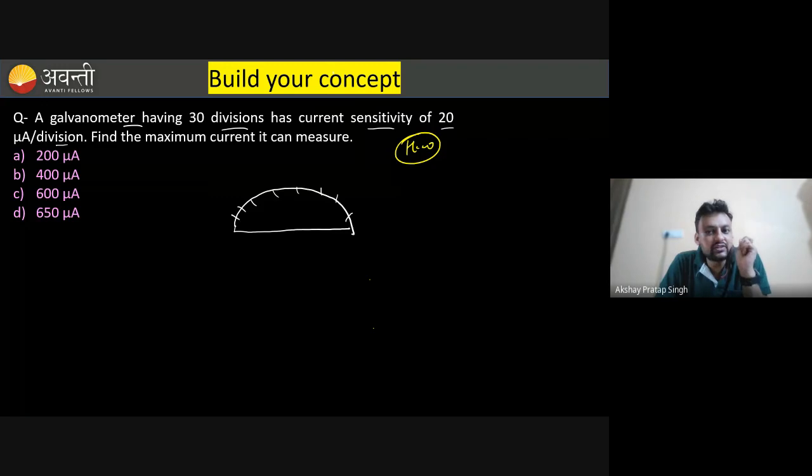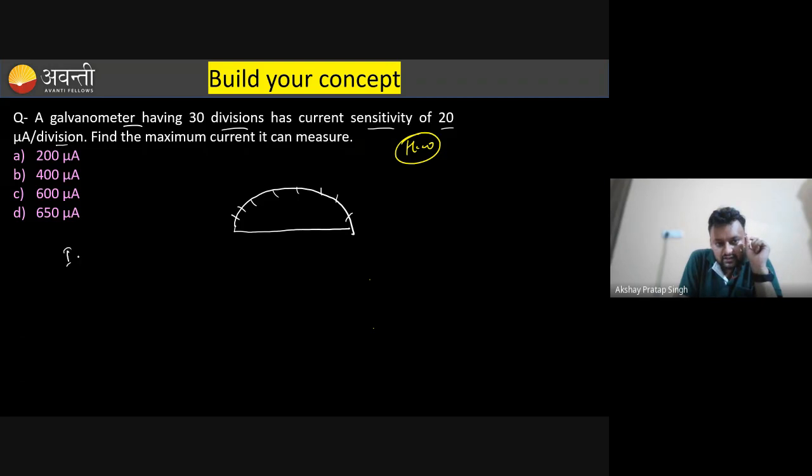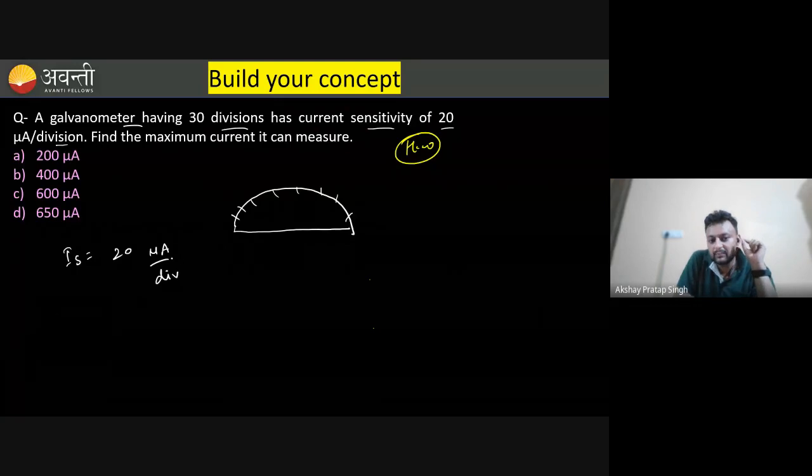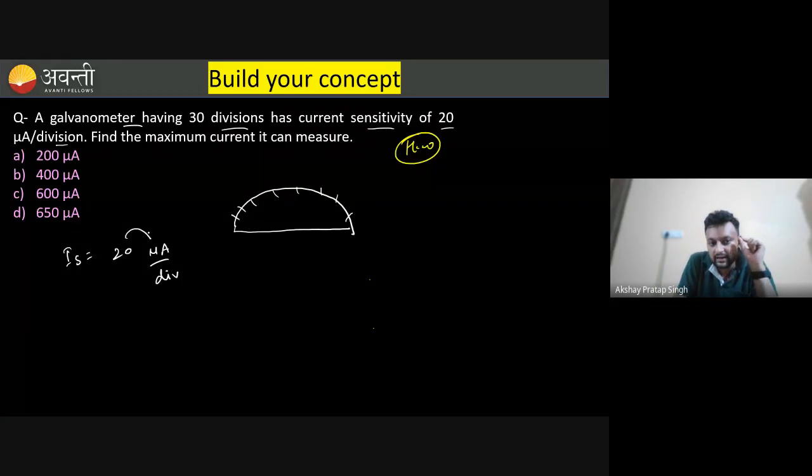It has a current sensitivity of 20 microampere per division. If you decode the unit, microampere per division, that means 20 microampere current is needed for the deflection of one division. Are you getting my point?